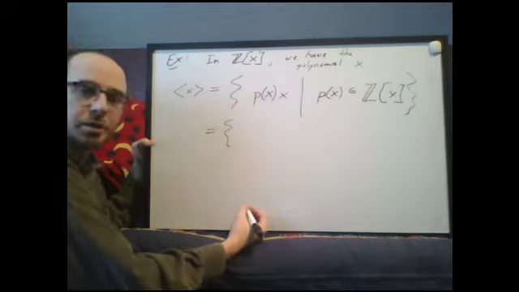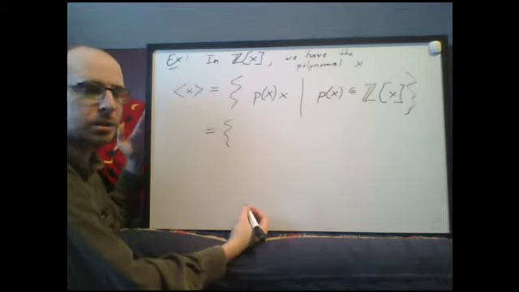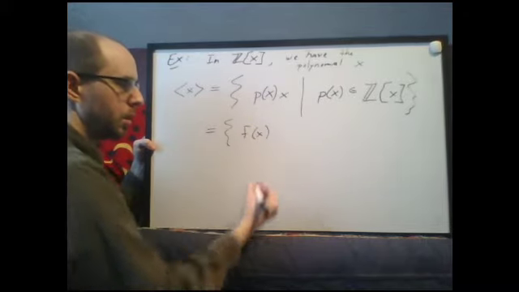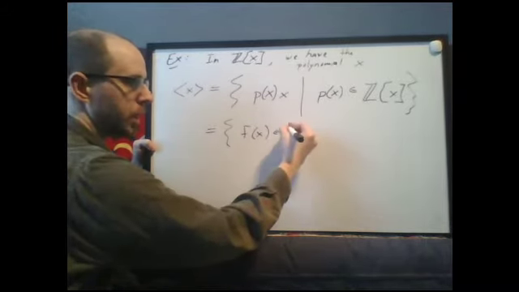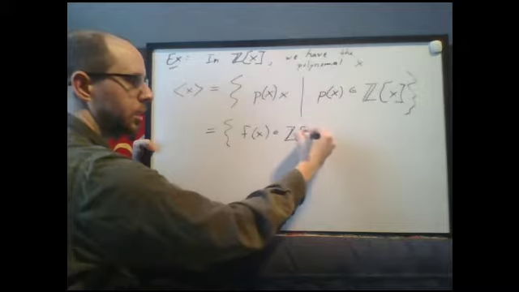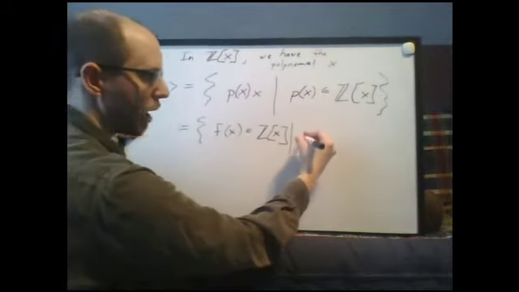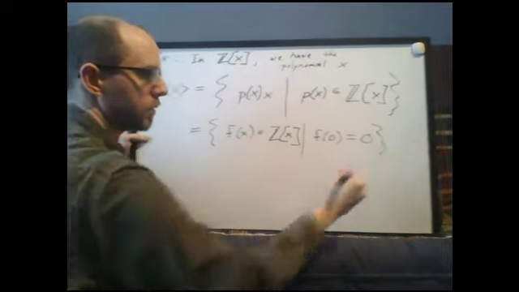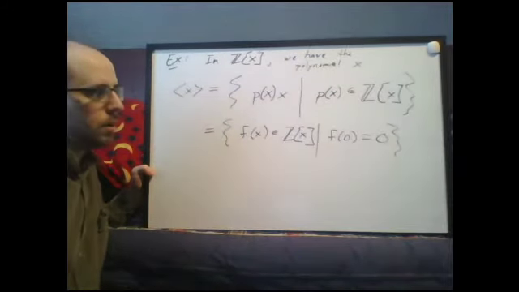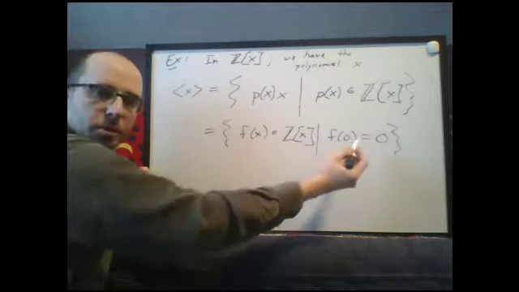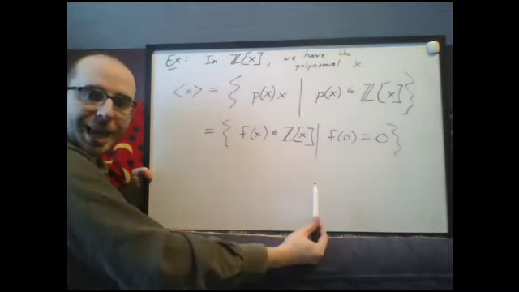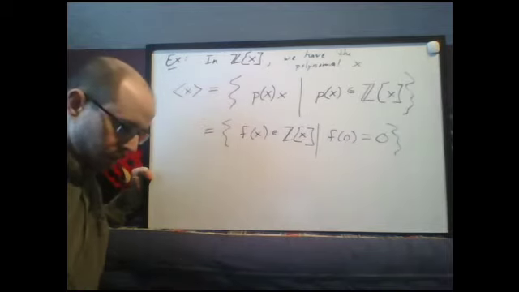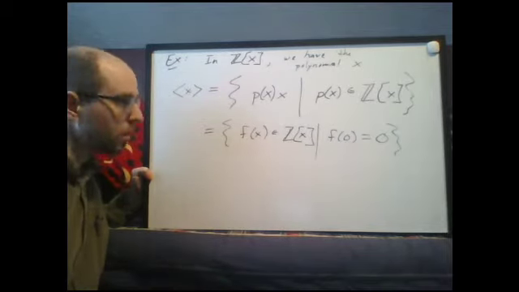So a better way to describe this specific example would be those polynomials f of x in ZX such that f of 0 is 0. So 0 is a root. Because if f of 0 is 0, that means every term has an x, so I can factor out an x from the whole thing. Right?